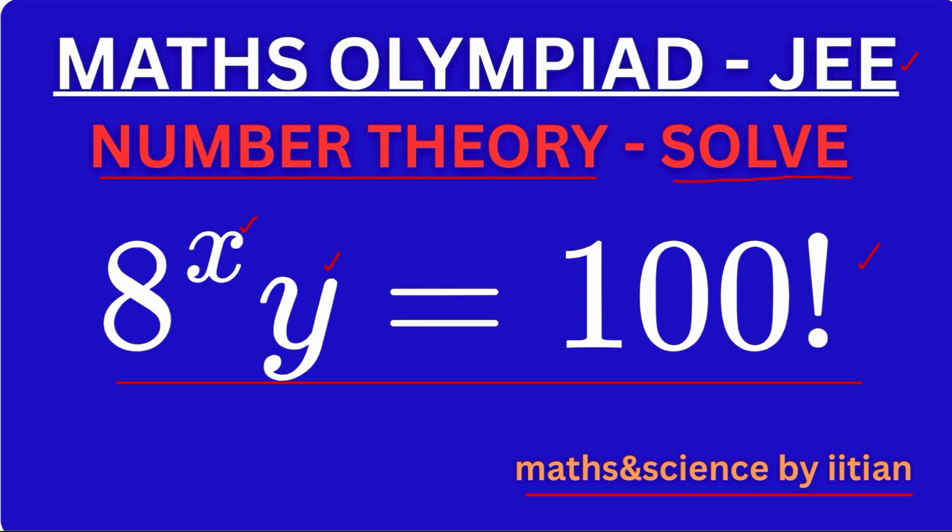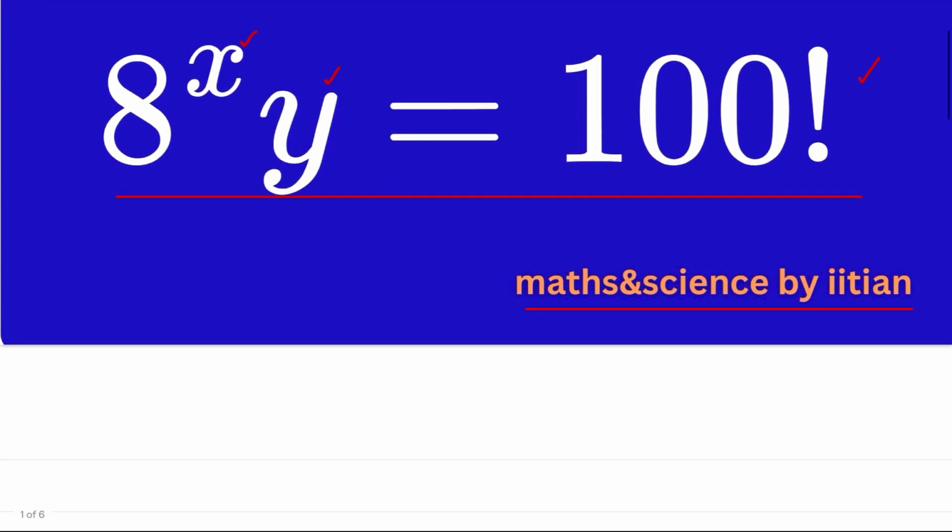The multiplication of both of them together results in factorial 100. It is a very complicated question and it cannot be done manually. We have to resolve it using certain number theory theorems. Let us try to solve it.